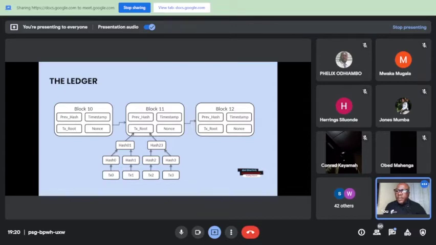So now, let's take a bit of time to look at the inner workings of a ledger and the blocks. Blocks hold batches of valid transactions that are hashed and encoded into a Merkle tree. Each block includes the cryptographic hash of the prior block in the blockchain, linking the two together, as you can see on the diagram there. The linked blocks form a chain, so that is where that name comes from.